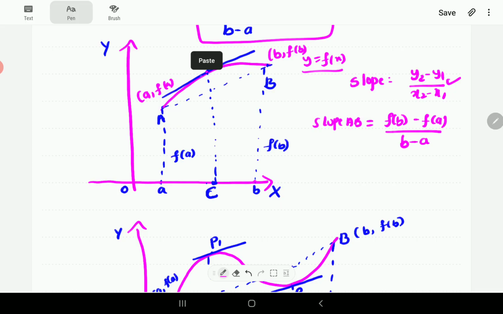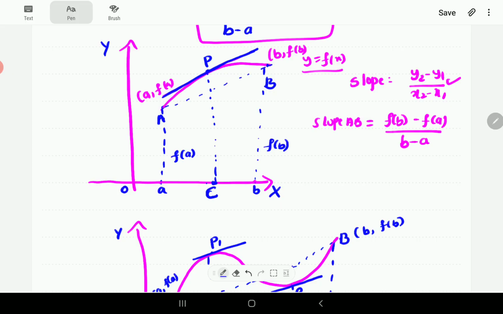If you see this tangent at the point P, this particular thing will be your f dash of c.